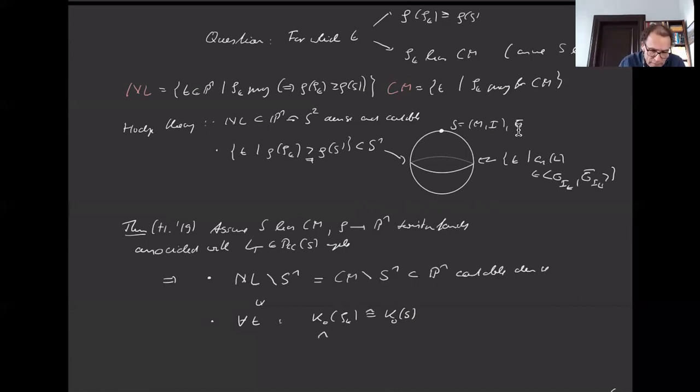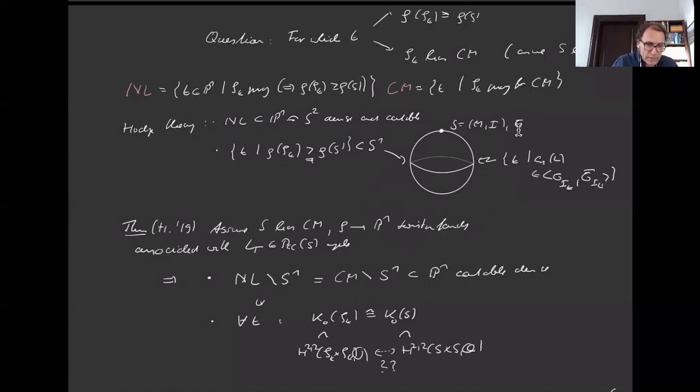So remember, this is in H2 of S_T times S_T, and this is in H2 of S times S, with Q coefficients. The exact relation between these two is what I would like to understand.